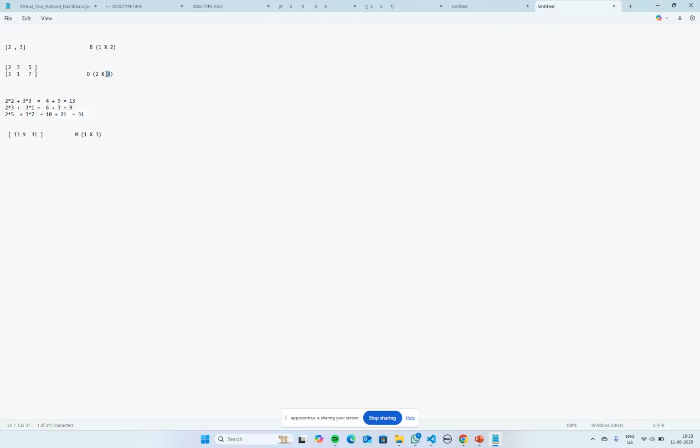And the D column value? 3. So whatever you multiply with different dimensions, that is a rectangular matrix. The final matrix you get has the same size as 1 cross 3. So the first matrix's rows and the second matrix's columns give the result size.